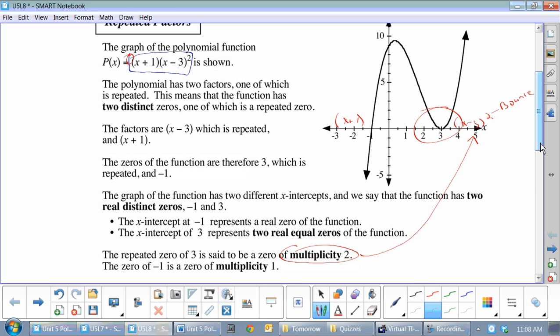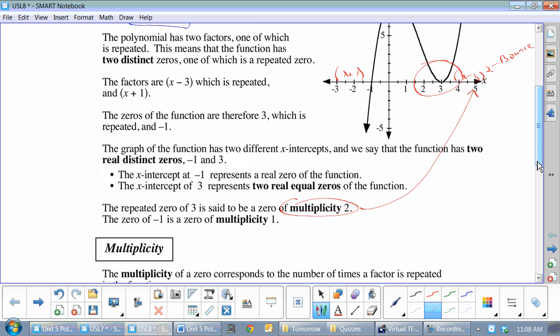Will always bounce. Now, what does a multiplicity of 1 always do? Goes through. Remember, think like you're talking to a 5-year-old. He would understand that. It goes through. If it's to the 1, it's going to go through. If it's to the 2, it's going to bounce at that point.